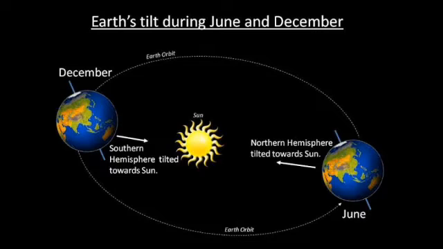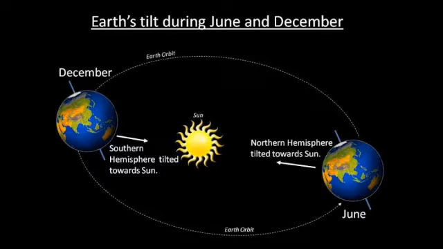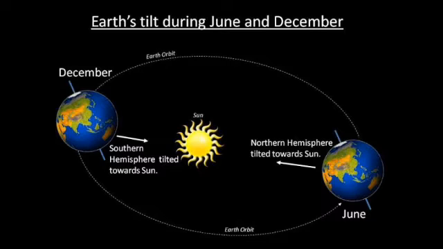Now on the other side, in the opposite direction, this is the point at which the earth is the farthest away from the sun. The distance between the sun and the earth is maximum in the entire orbit. This is called the aphelion position.